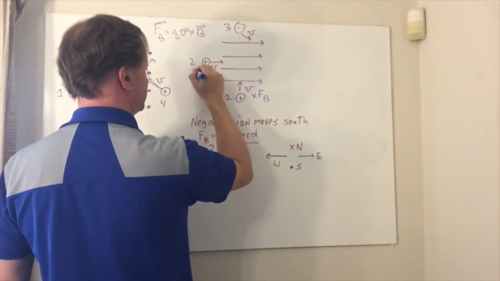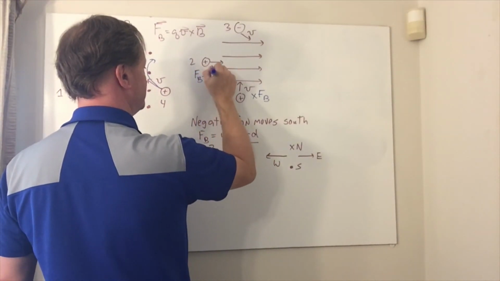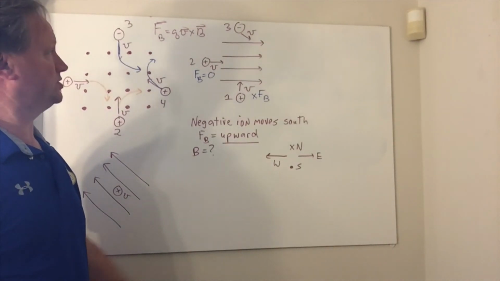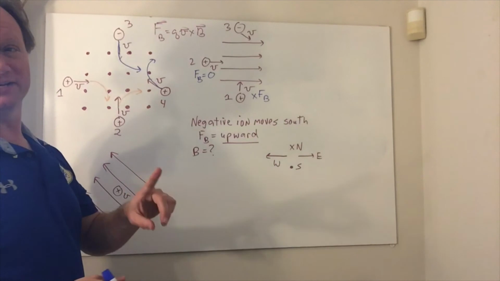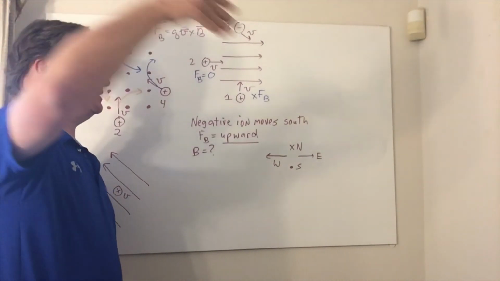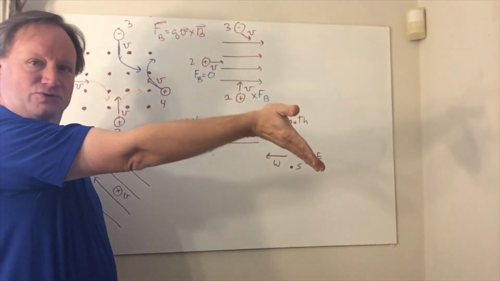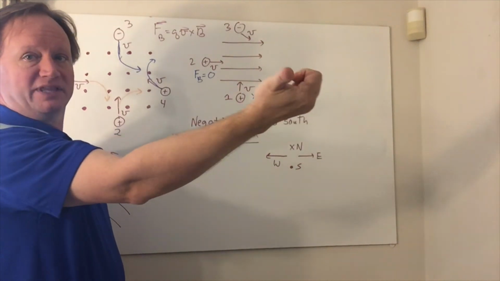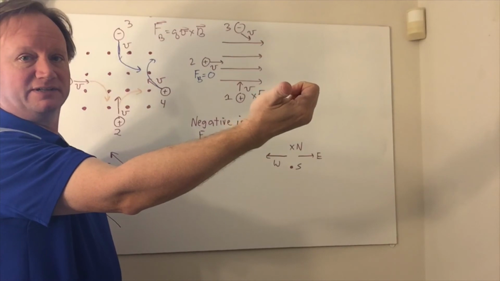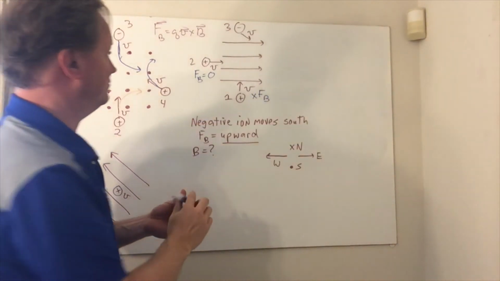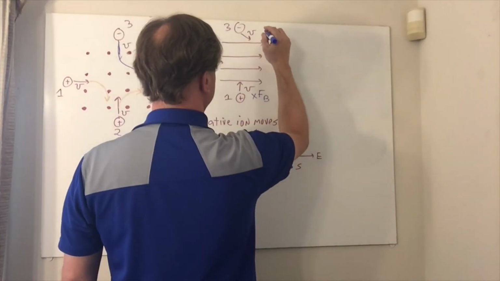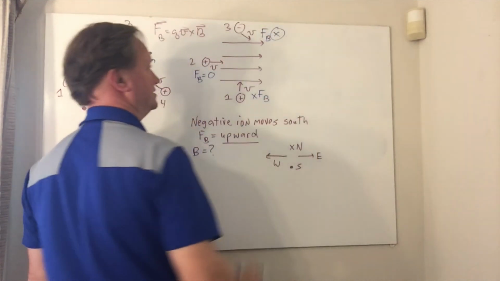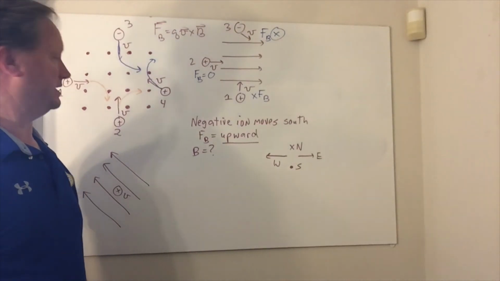This particle is going to experience 0 force because B and the velocity are in the same direction. Up here, negative particle. So we go V, I'm going to rotate this way, so I can go V wrapped into B. My thumb is pointed outward for a positive, so it'll go into the screen for a negative, and this one will experience a force into the board, okay?